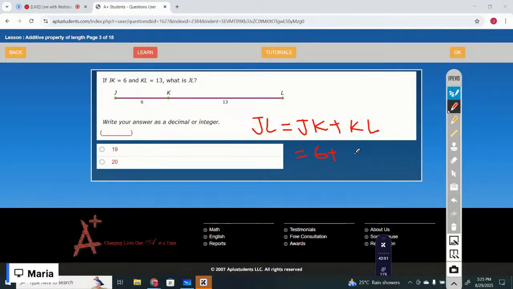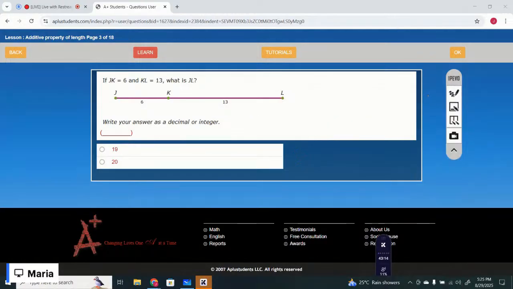JK equals 6, KL equals 13. 6 plus 13 is 19. So JL equals 19. Option number 1 is the correct option.